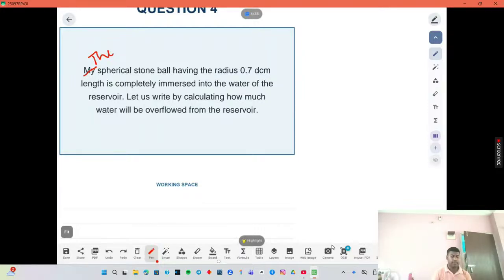Let us write by calculating how much water will be overflowed from the reservoir.